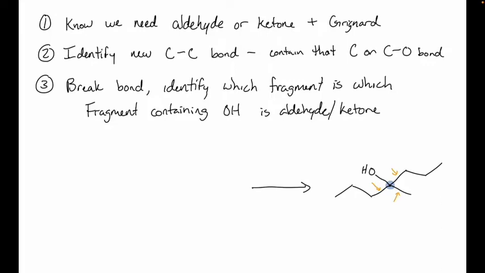I could pick any one of those and get a set of Grignards to create that new carbon-carbon bond. For the sake of making sure we're all on the same page, I'm going to arbitrarily say that we're going to make it this one. You're going to give me the reactants that I would need to create this as my new carbon-carbon bond. So again, it's all about working backwards.